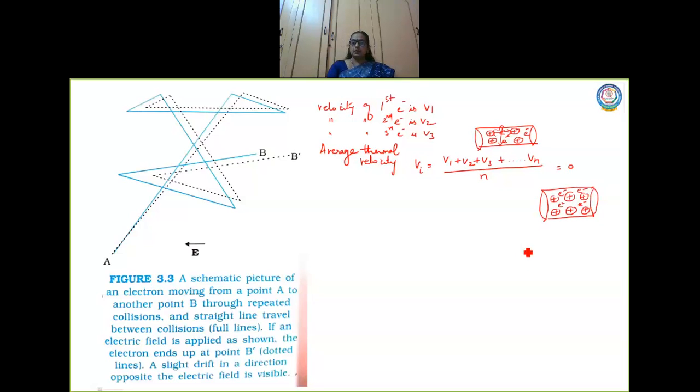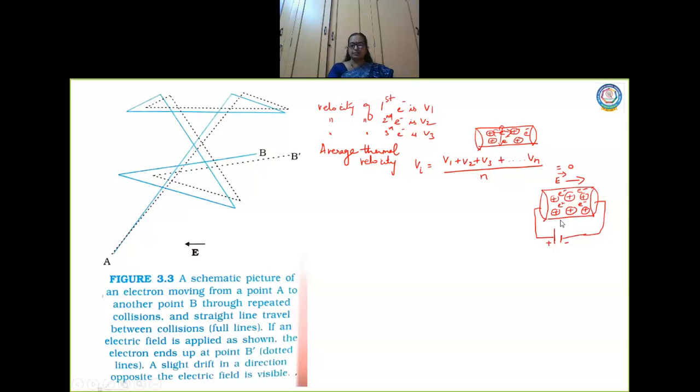This time I am going to connect this to an external power supply, which means I connect it to a battery. This is the positive terminal of the battery, this is the negative terminal of the battery. So I connect this conductor to an external supply. When I connect this to an external supply, will there be an electric field created, children? So an electric field will be created and this will be in this direction because it is from positive to negative. So there is an electric field that is created.